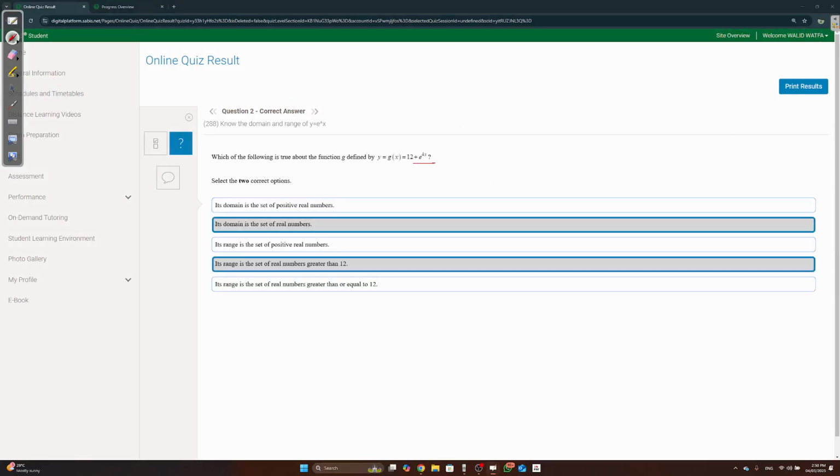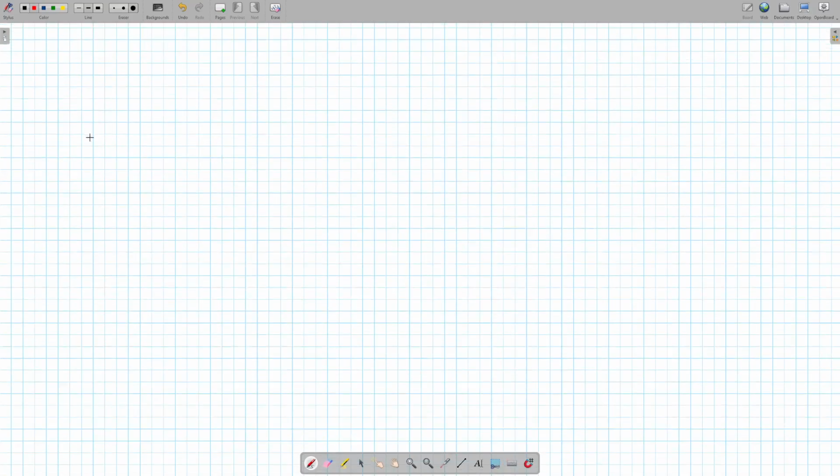E to the x. I'm going to go over e to the x. What do we know about e to the x and its relationship with ln x? We know that ln x is just log with base e, right?